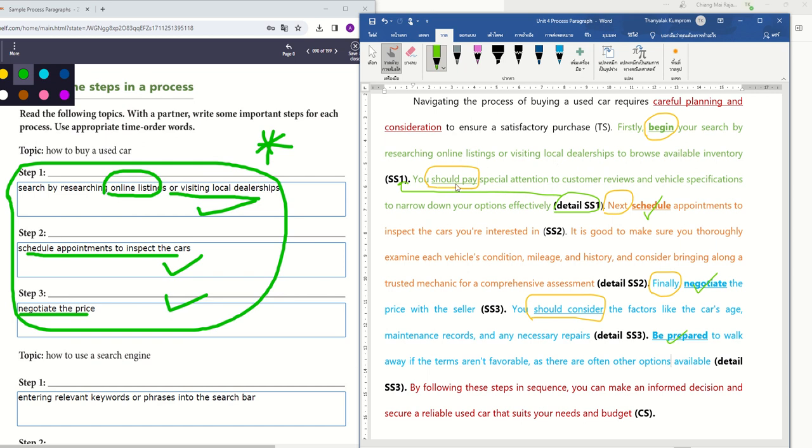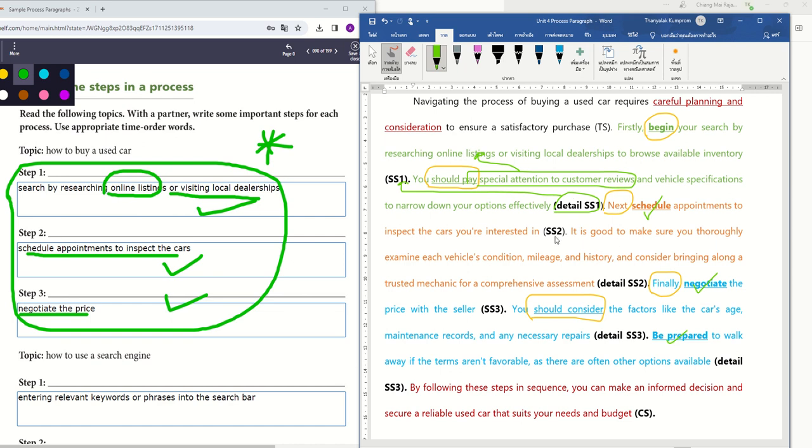How? You should pay special attention to customer reviews. Pay attention to customer reviews are about what? About research online listing. See? Review. So, detail SS1 support how you research online listing. So you should pay attention to customer reviews.